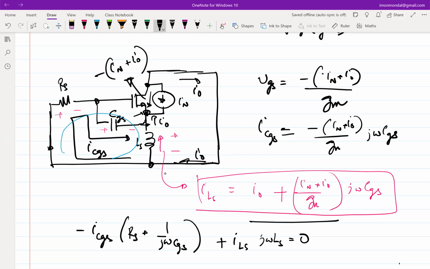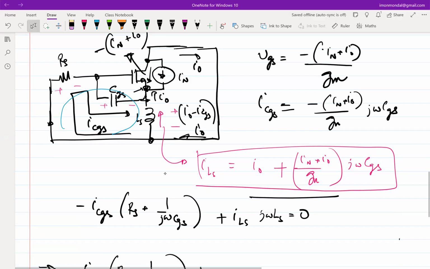This is I naught minus ICGS. This is also fine. So you get negative ICGS times this. Plus omega ILS is also fine.